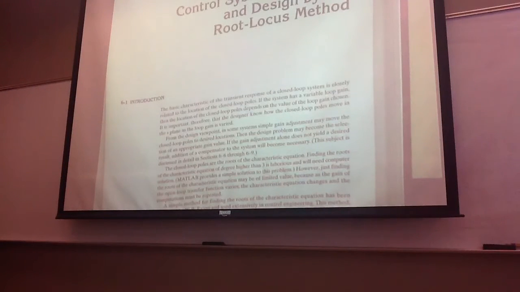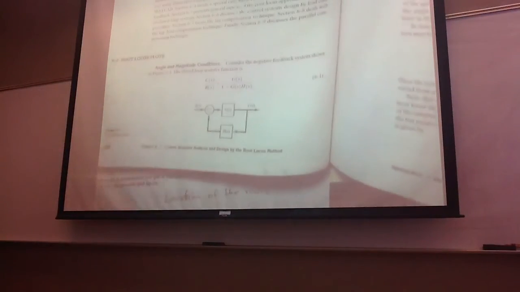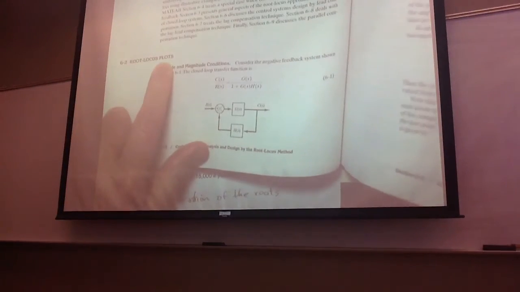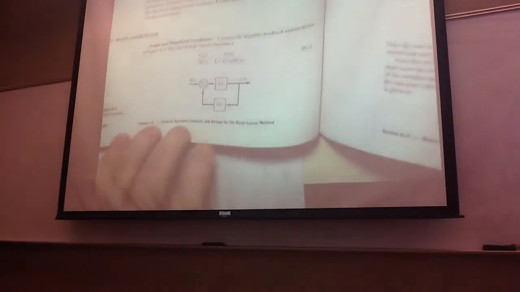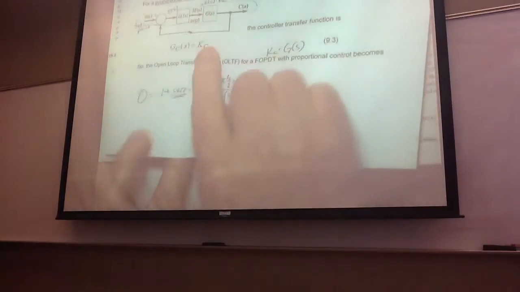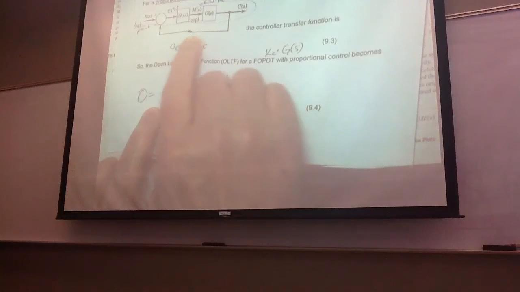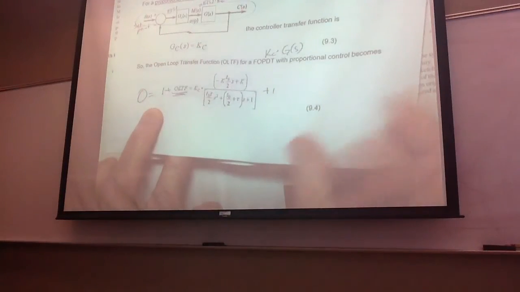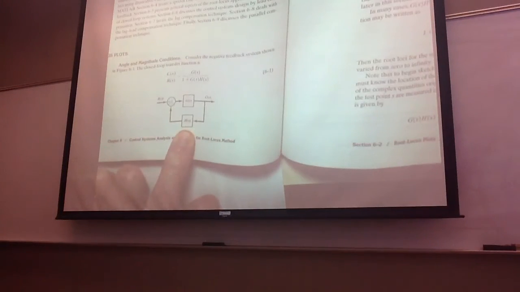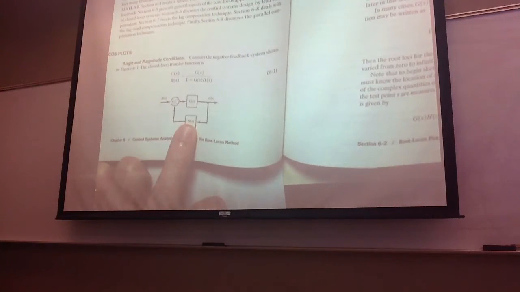So, you can read these if you want to. Here is root locus plots. By the way, the diagram that I showed you here doesn't have any box in this bottom line. Have you noticed that? This textbook frequently puts a box in the bottom of it, H, but you can replace that with a 1 and it doesn't change anything.